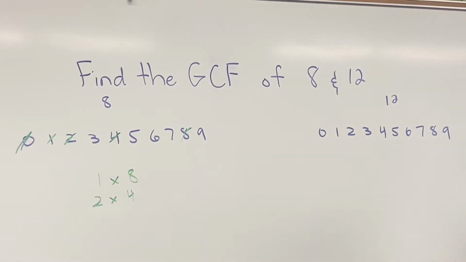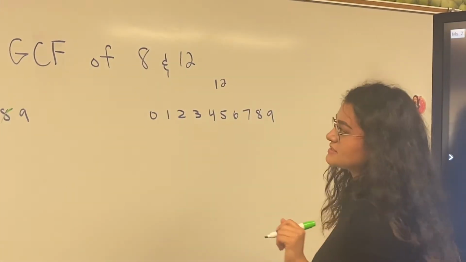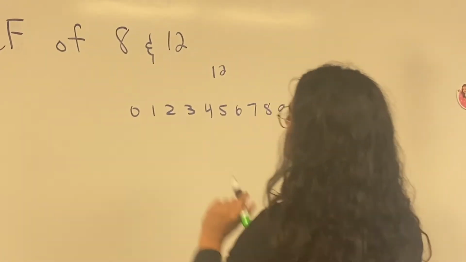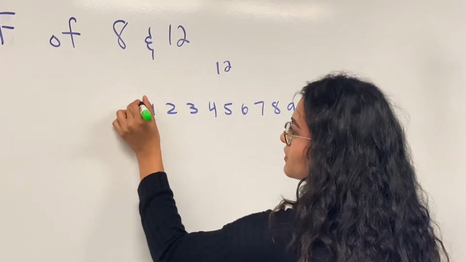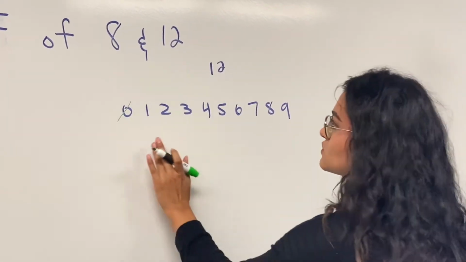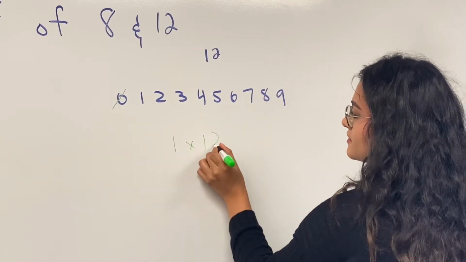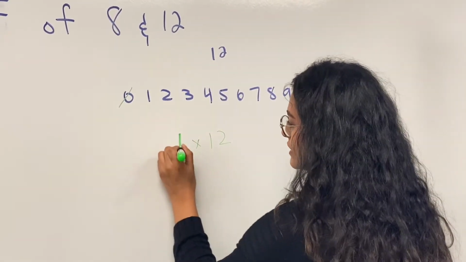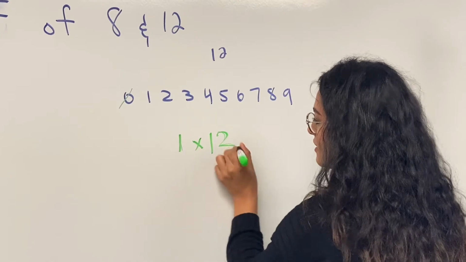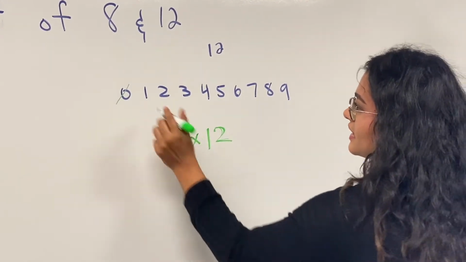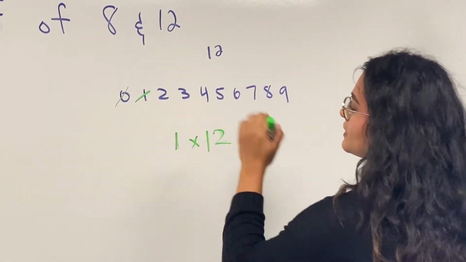I'm going to move on over to my 12, and we're going to be doing the same thing. Does anything times 0 equal 12? No. Cross that out. Does anything times 1 equal 12? Yes, we have 1 times 12. Does anything times 2 equal 12?